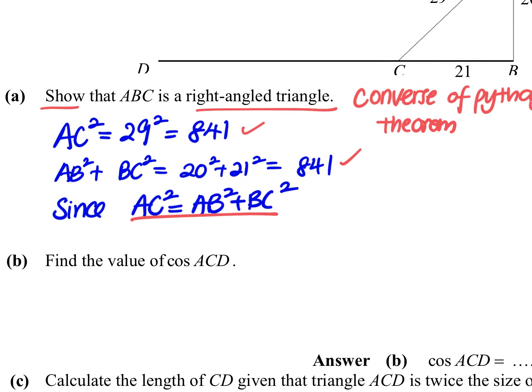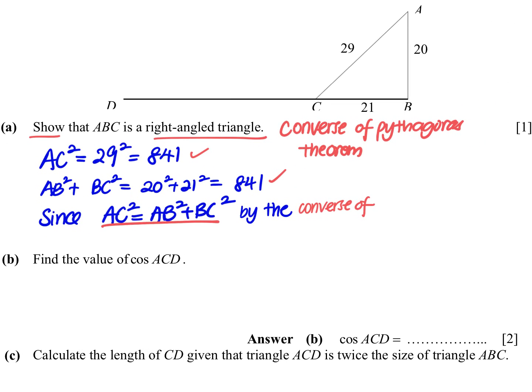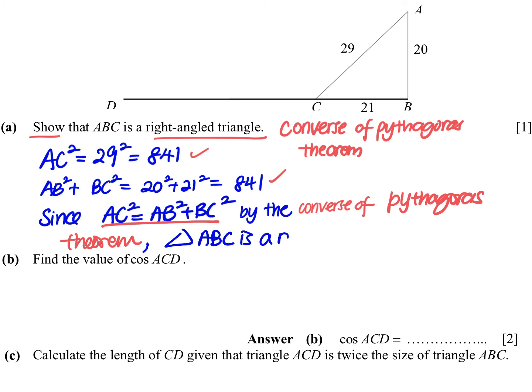Since this is true, by the converse of Pythagoras theorem, triangle ABC is a right triangle.